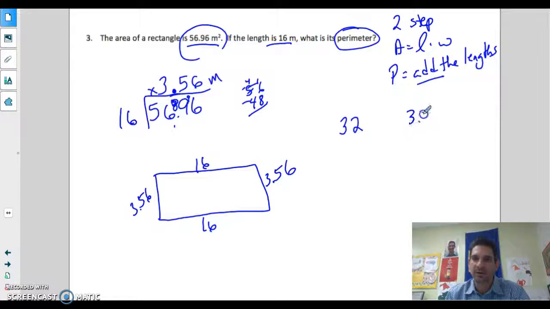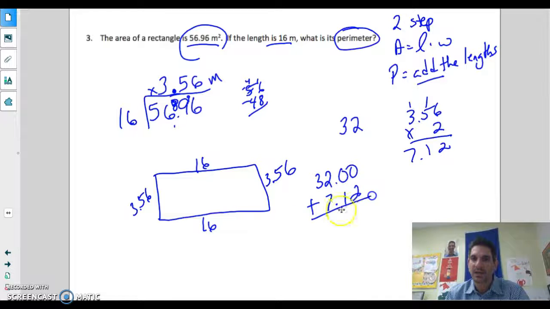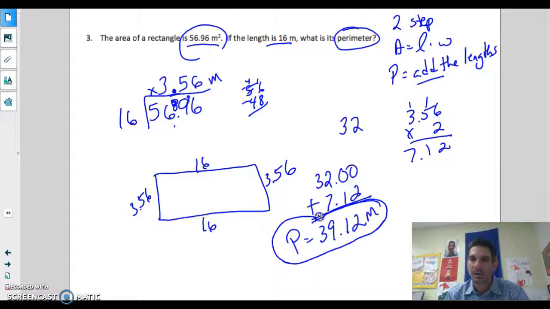And then 3.56 times 2 is 7 and 12 hundredths. So now it's 32.00 plus 7 and 12 hundredths is equal to 39.12 meters.